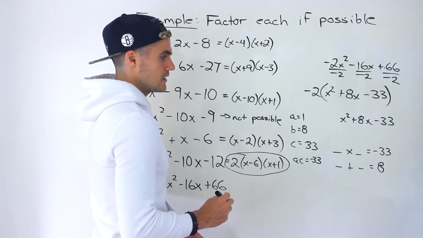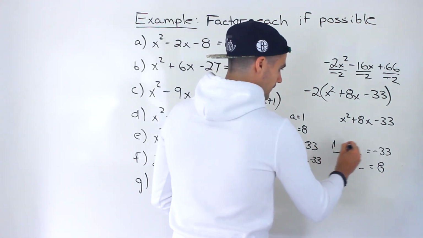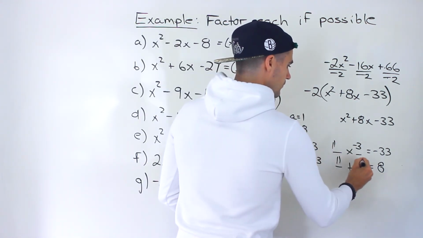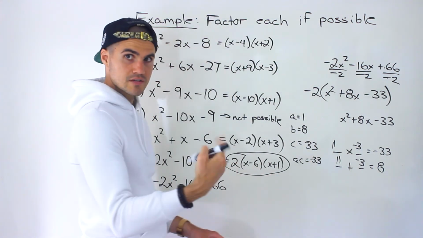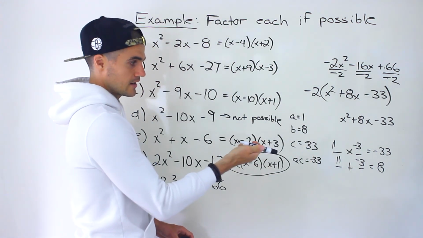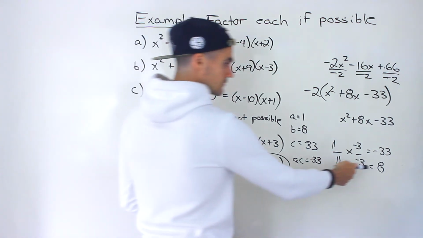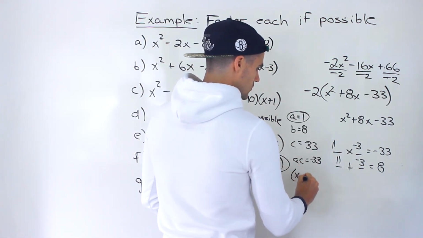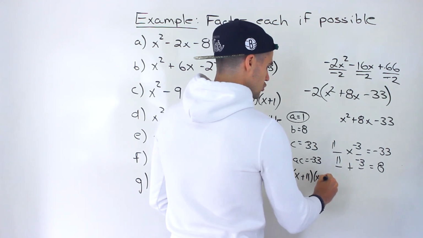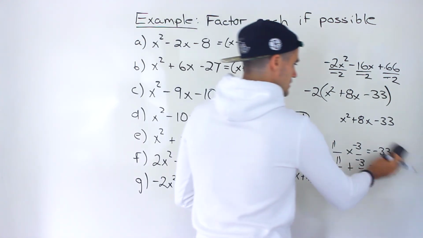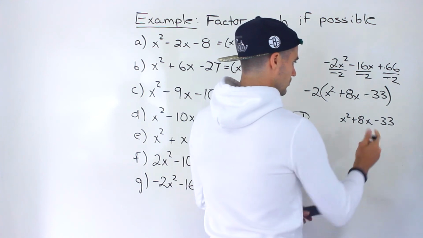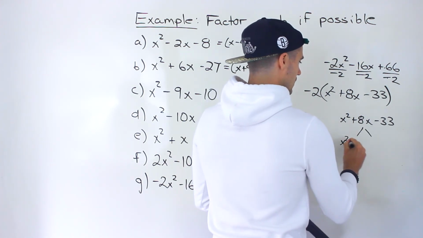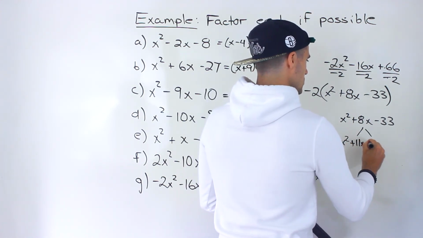And that would be 11 and -3. Right? 11 times -3 gives us -33. 11 plus -3 is 11 minus 3, which would give us positive 8. Because the a value is 1, as a shortcut, we know our final answer should be this. But let's see if we get that with the full process of decomposition.